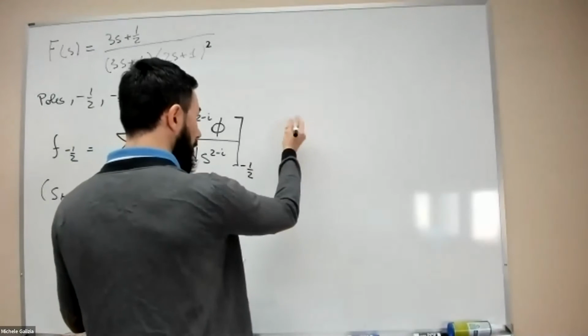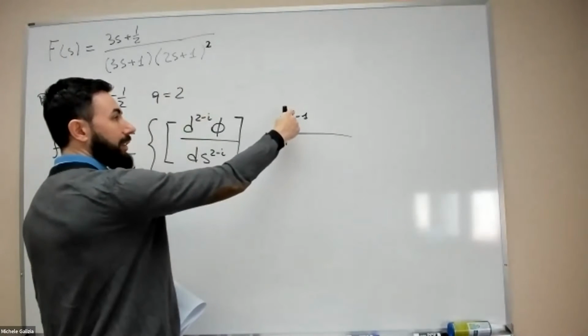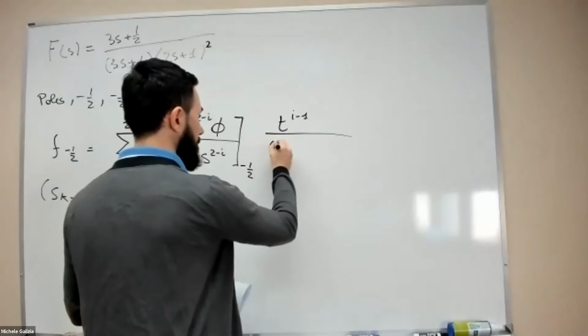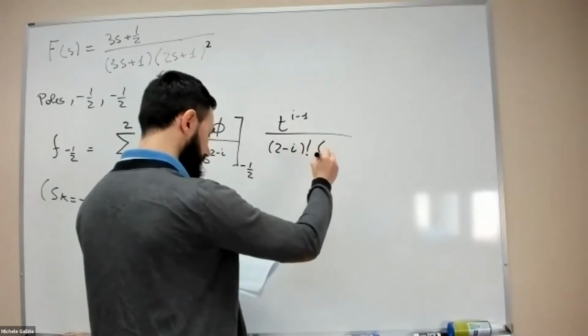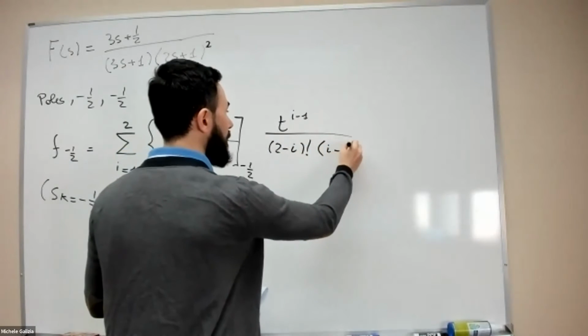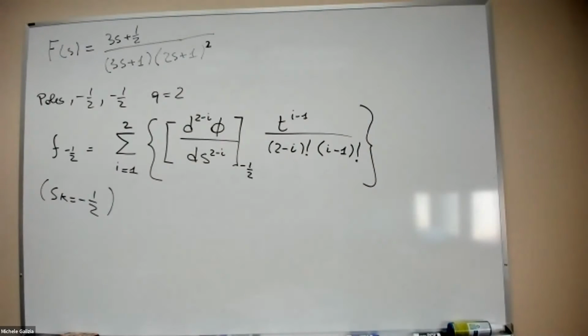Times what? Time at the exponent i minus 1, divided by 2 minus i factorial, i minus 1 factorial. Make sense? Yes. Okay.